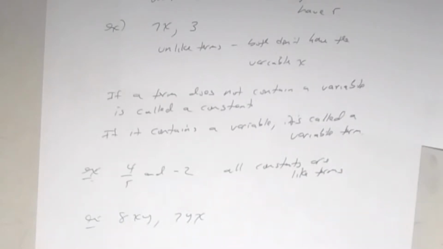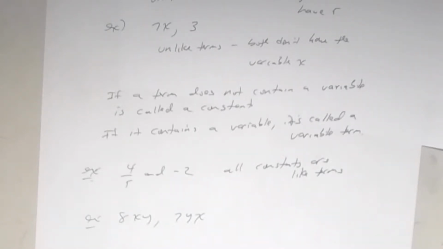Yeah, they're like terms. They both contain the variable x, right? And x being raised to the first power. That was the definition of like terms. What are like terms? Like terms are terms that have the same variables raised to the same power. So do they both contain x's? The order doesn't matter. They're both commutative, right? X times y is the same as y times x.